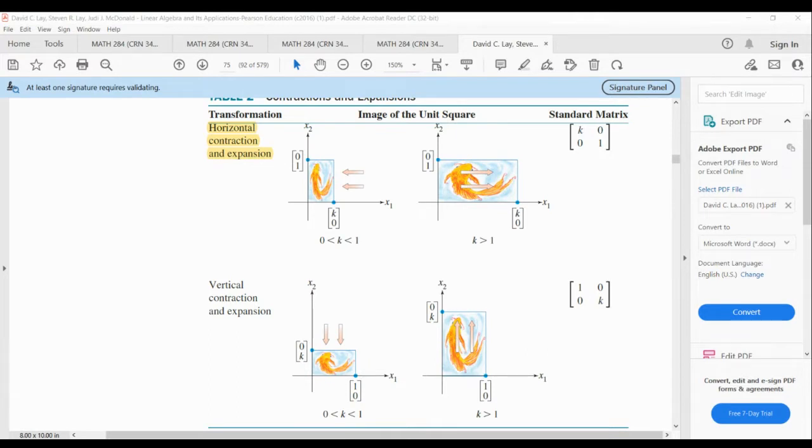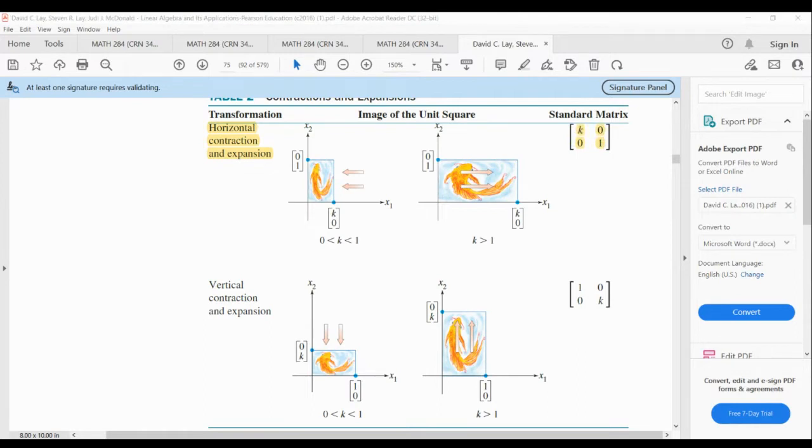So you see, if k is between 0 and 1, then the point 1, 0 got moved to the left. But if you map the point 1, 0 to a vector to the right, like you see on the right there, what's happening to the fish on the right? Is it expanding or contracting? It's expanding. So you see k is greater than 1. And so this is your standard matrix.